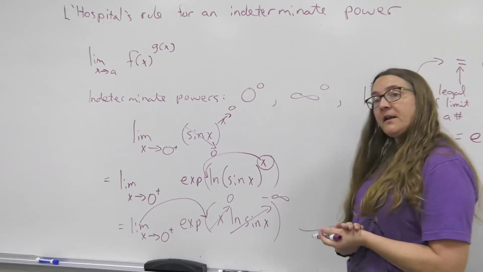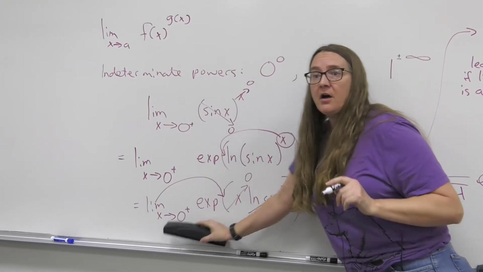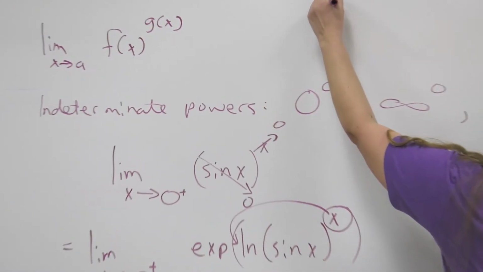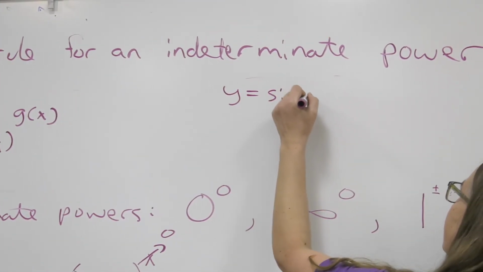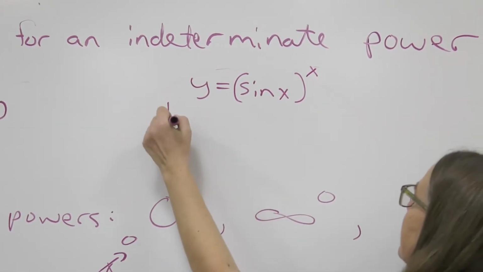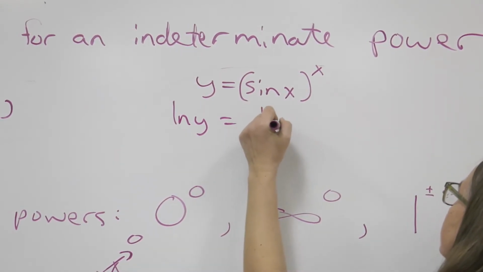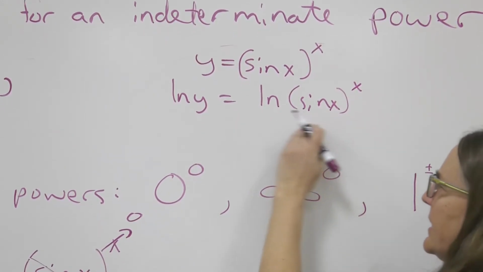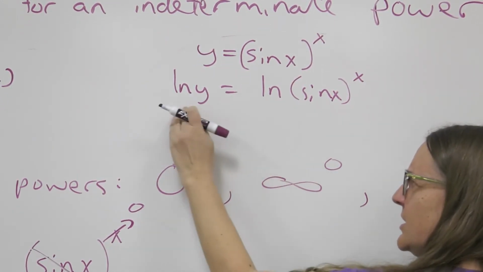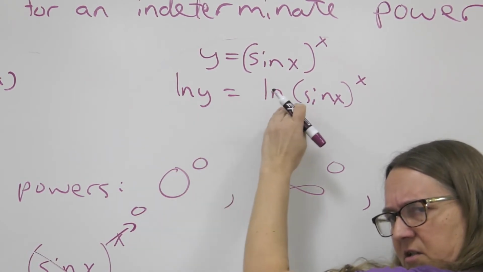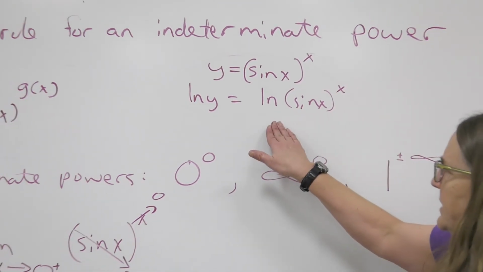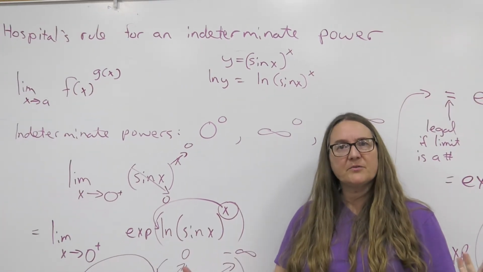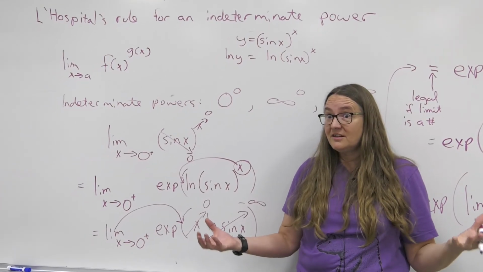Okay. One option, and your textbook shows both options here, one option at the beginning would be to say, let y equal sine x to the x, then the natural log of y is equal to the natural log of sine x to the x. Here, I just took the natural log without exponentiating to undo it. The reason I could do that here is because I was working with both sides of an equation. So I was doing the same thing to both sides, and you're allowed to change an equation if you do that.